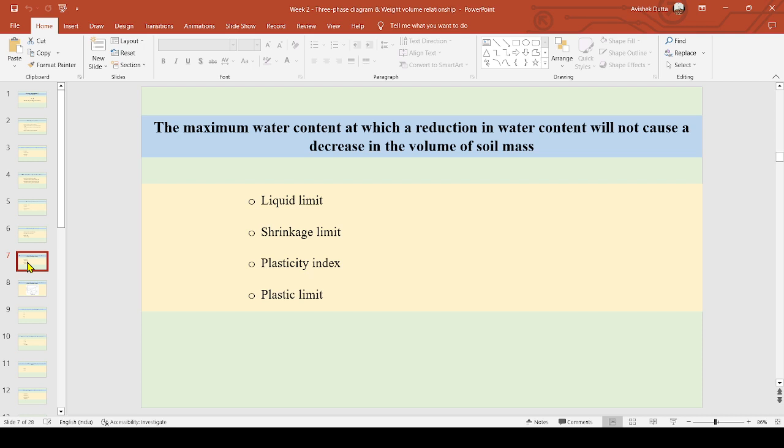You have to answer at which maximum water content the reduction in volume or the increment in volume will stop with the change in moisture content. Your options are liquid limit, shrinkage limit, plasticity index, or plastic limit.